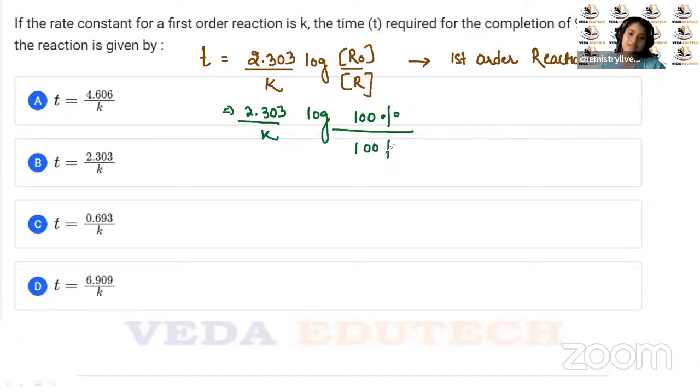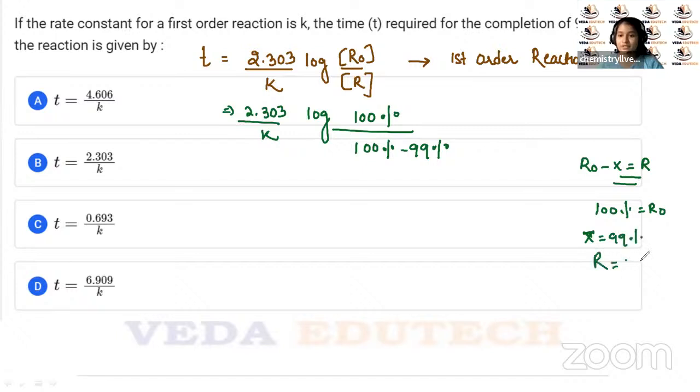So 100% was there, out of that 99% has reacted. What did I tell you? R naught minus X is equal to R, right? So this 100% was initial, 99% is complete, so your X equals 99%. So can I say that your R equals 1%? So only 1% is remaining here.